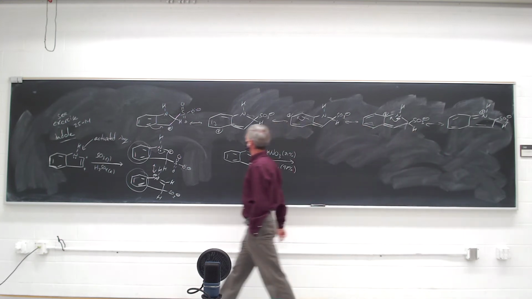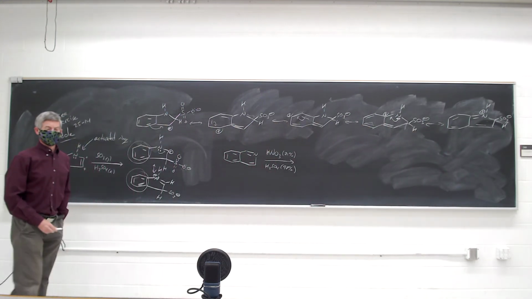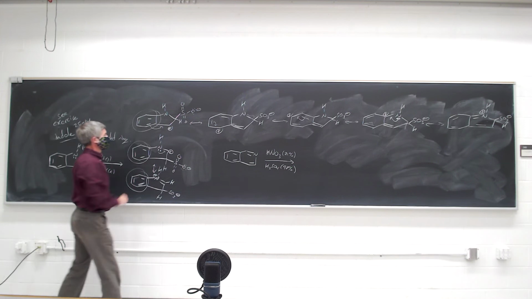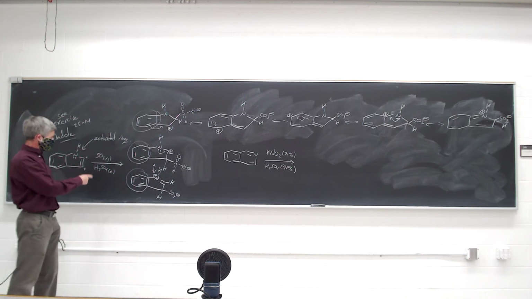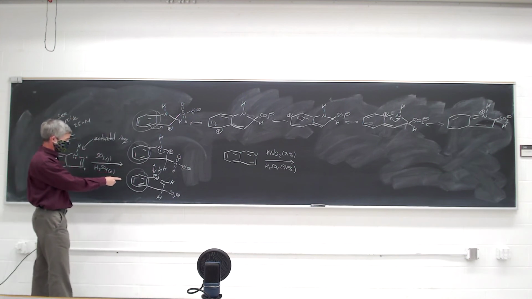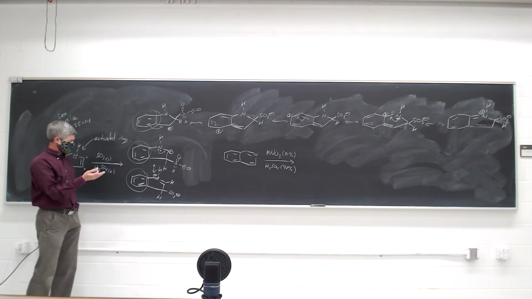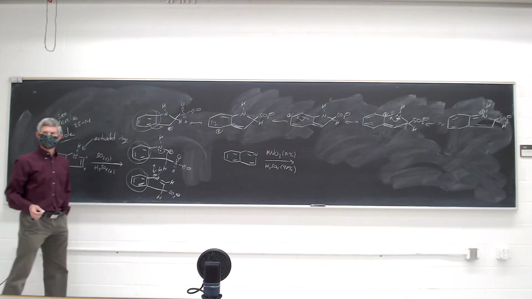So there are 5 resonance structures available, but this is the only one that has an intact aromatic ring on the left. I can draw some more resonance structures for this one as well if I want to, but the key is these 2.